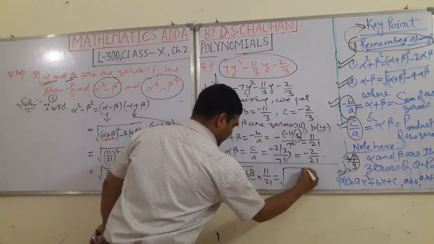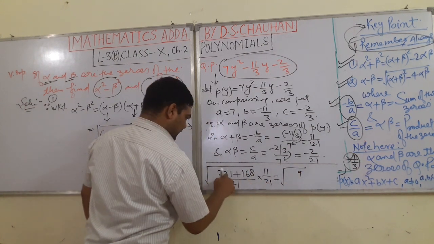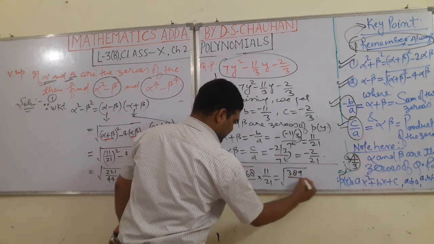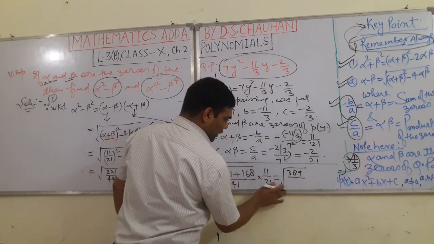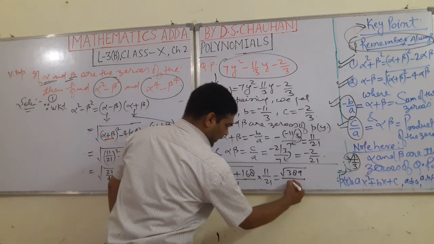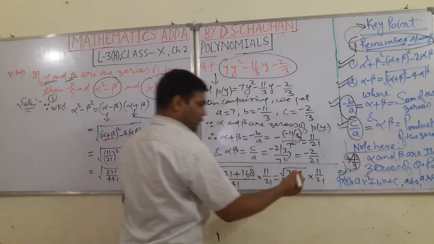Simplify. Take out the sum: 121 plus 168 is 289 upon 441, which you can further write as 21 into this 11 upon 21.